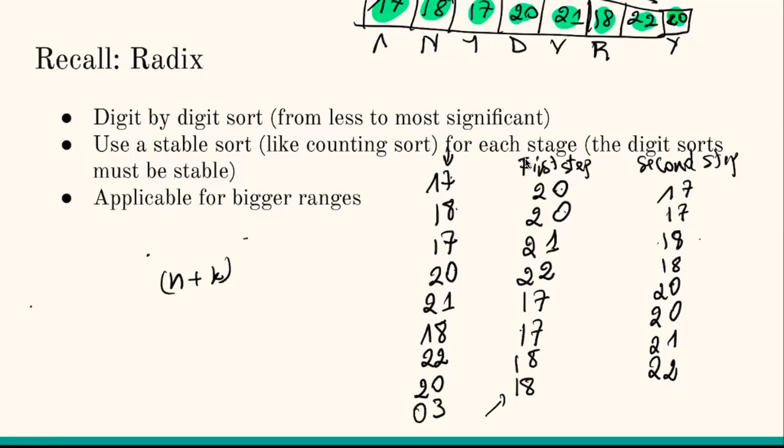So if you have d digits, we are applying counting sort d times. The final time complexity will be big O of d times n plus k. Does that make sense for everybody? Well, is there any best case or worst case?